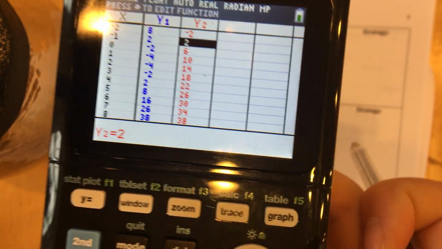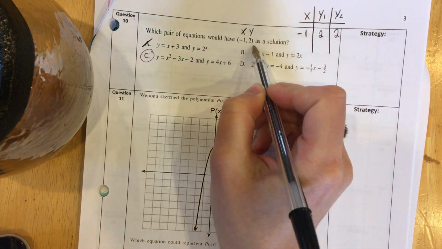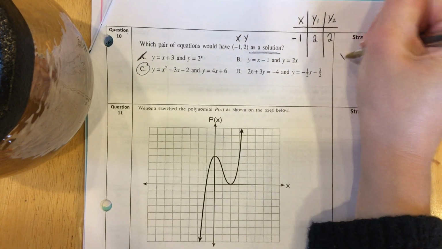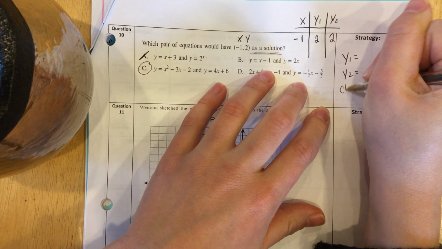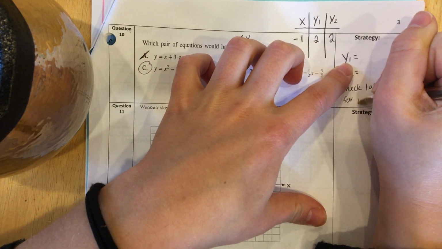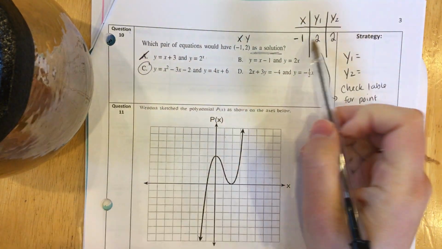So because they match, that means it's a point on both of those lines. That means they share that point, and that's the solution, okay? So the strategy there is your y1, y2, check table for point. And if you want to draw what I have up here, that's what I'm looking for in the table, okay?